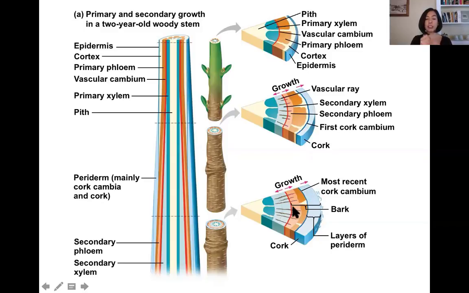If you have ever peeled a tree, or if you've seen that, the bark is actually this periderm plus the phloem. The phloem also peels. That hopefully is telling you that the phloem is thin compared to the xylem. That means that more cells differentiate into the xylem during these mitotic divisions that we have.